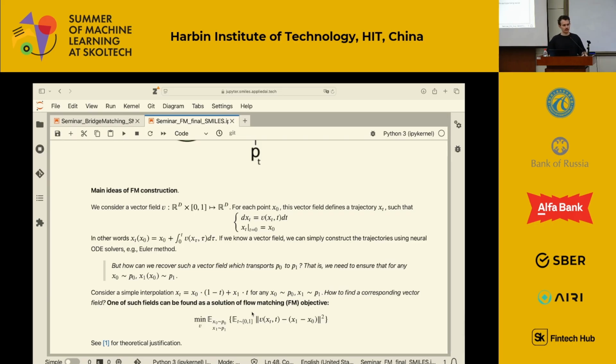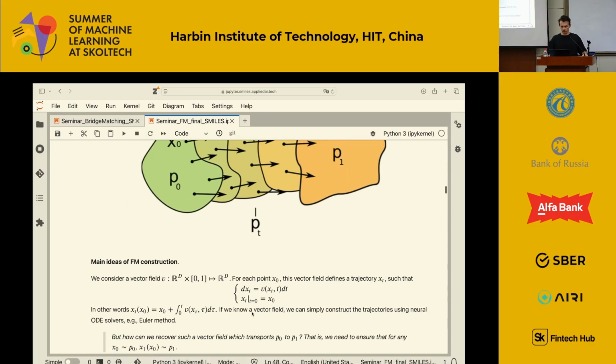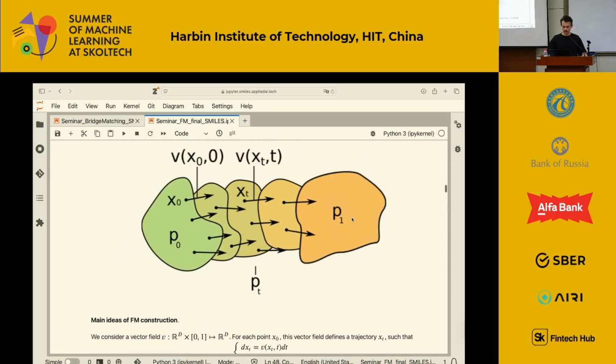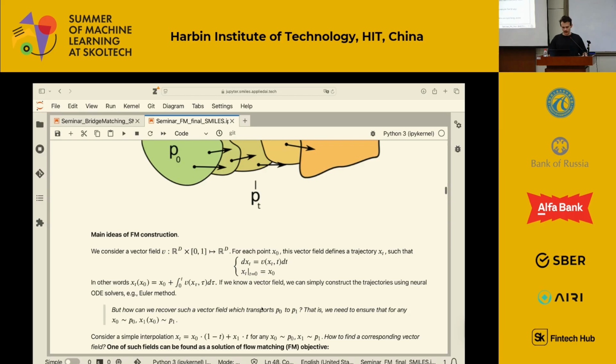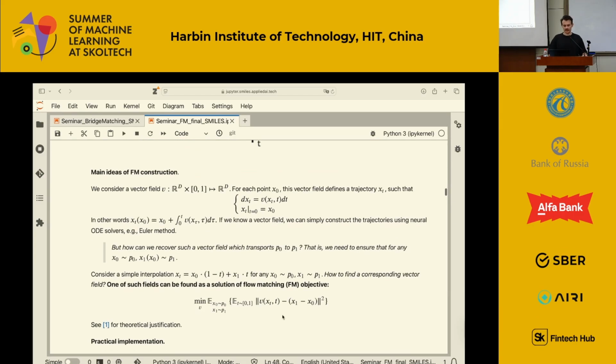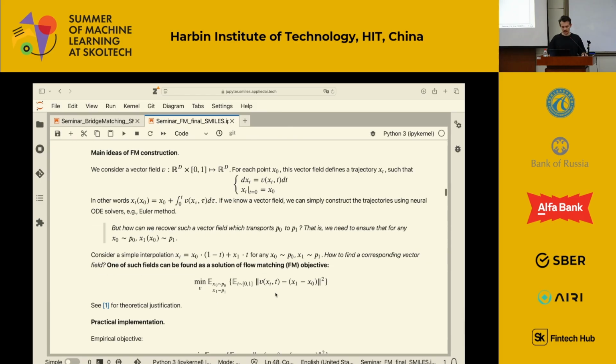This interpolation actually defines a sequence of distributions between P0 and P1, numbered by a continuous time t. When we have this sequence Pt of distributions, we can learn flow matching to generate from these distributions altogether. How do we do it? By just regressing the difference between x1 and x0.